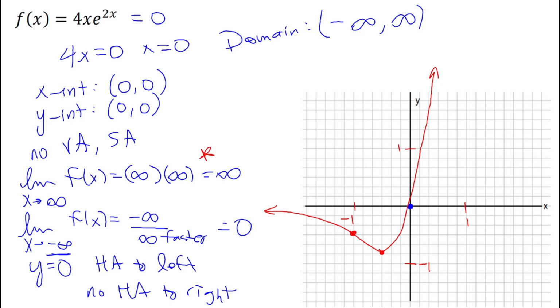Now we should be able to see that our range is going to be from this lowest point. This was an absolute minimum down here. Right? That point's value was negative 2 over e. So our range is going to be negative 2 over e all the way up to infinity. And that is our graph for that function.